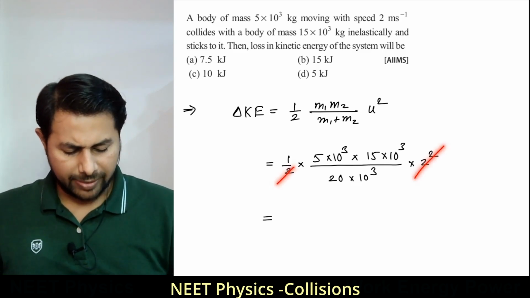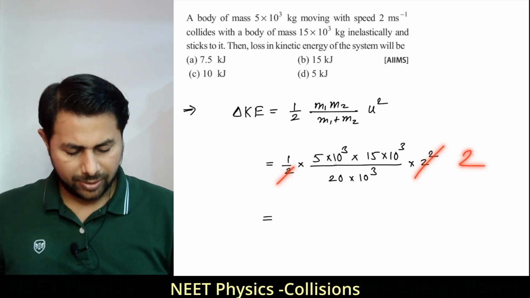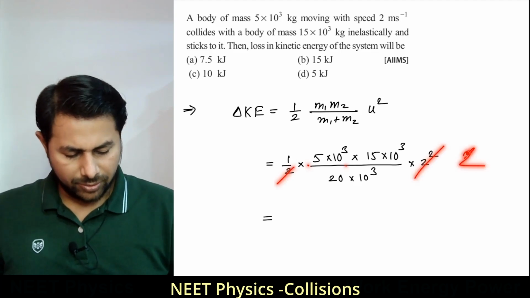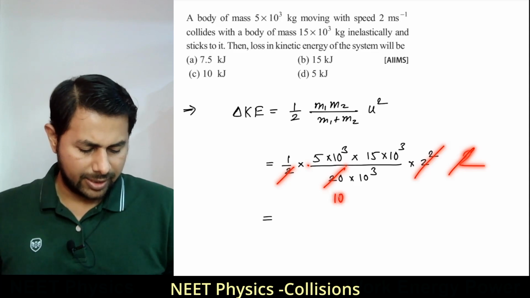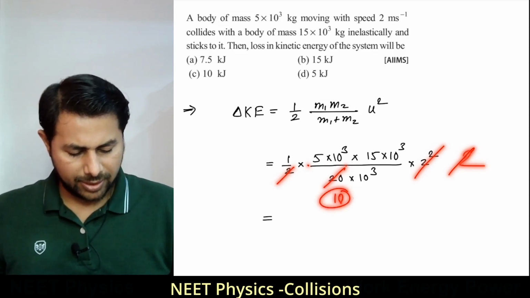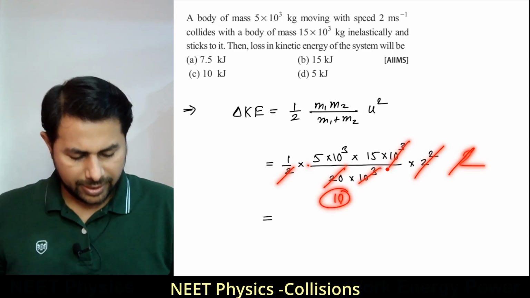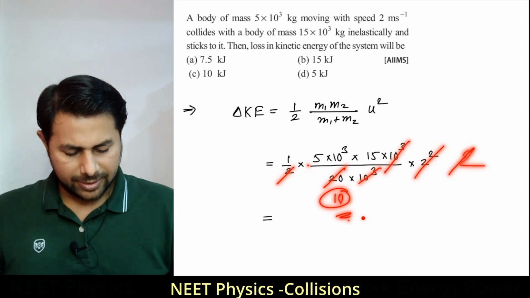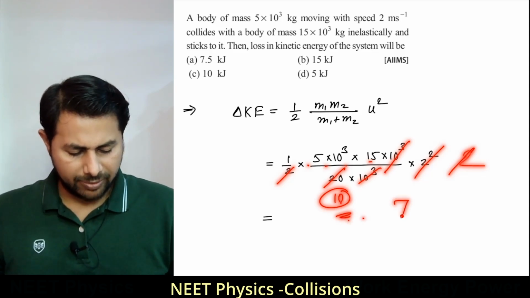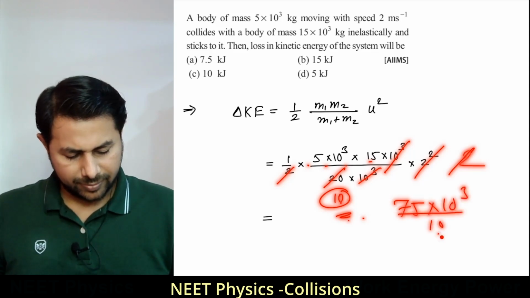So 2 square divided by 2 is 2, then that 2 gets cancelled out with this 20, and 10 will remain in the denominator. Then 10 cube gets cancelled out, still 10 is there in the denominator. 15 times 5 is 75, 75 into 10 raised to 3 divided by 10, right?